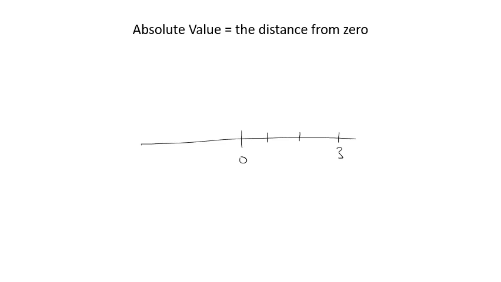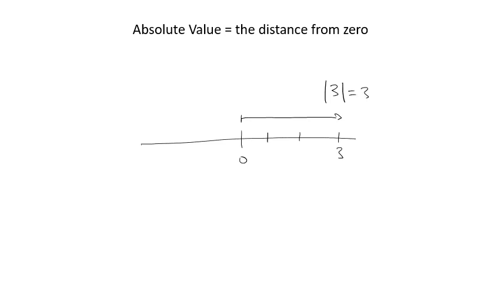And so the absolute value of 3 is going to be this distance from 0. We write this with these two little vertical bars. This lets me know that the absolute value of 3 equals 3.